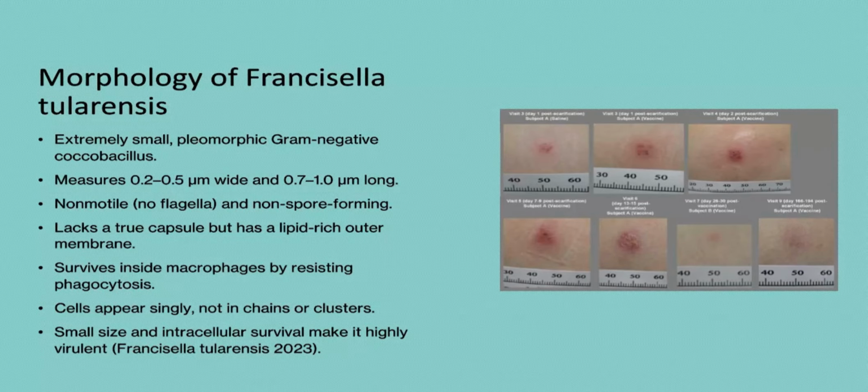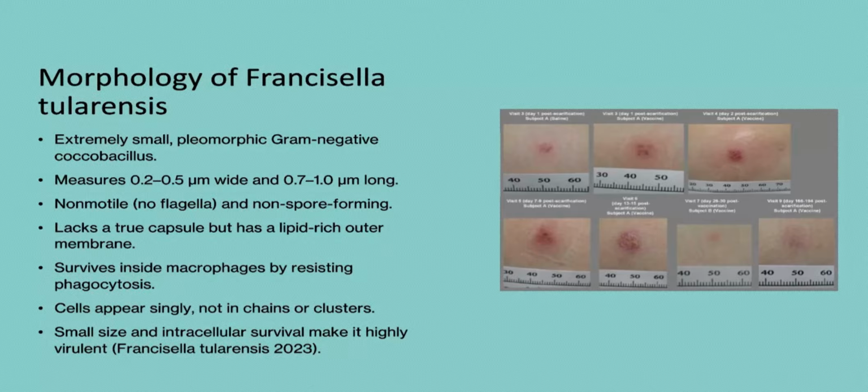Unlike many bacteria, F. tularensis does not have a true polysaccharide capsule, but it possesses a lipid-rich outer membrane, which is essential for its ability to survive inside host macrophages, the immune cells that normally destroy bacteria. This membrane helps the bacterium resist phagocytosis, the process by which immune cells engulf and destroy pathogens, allowing it to spread throughout the body and cause systemic infection.